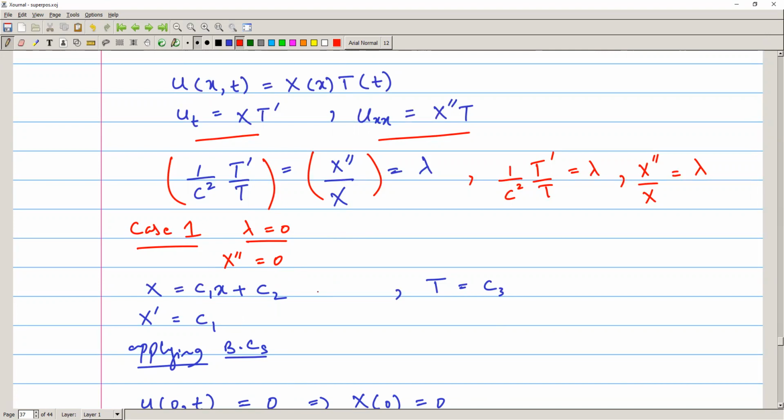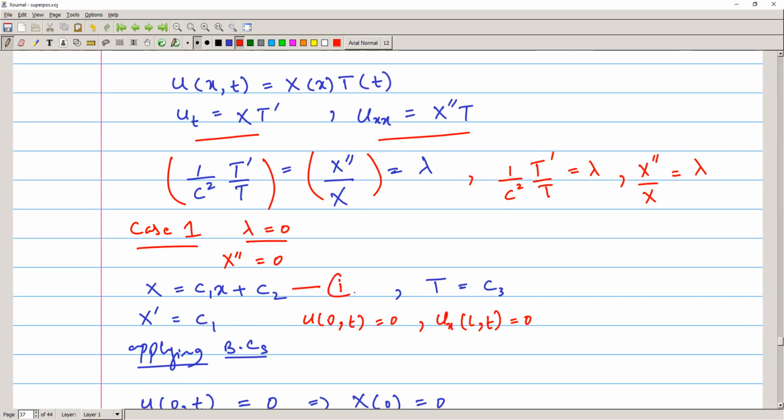Then we are given the boundary conditions, that is u of 0 comma t equals 0, and u_x of L comma t equals 0, right? So we have one derivative boundary condition, so we will solve for the derivative, and X prime will be equal to c1 when we differentiate this equation.